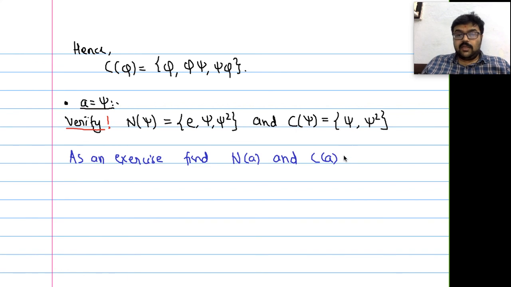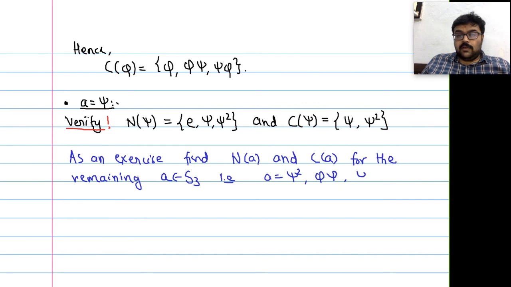So find NA and CA for the remaining A in S3, that is A equals psi square, phi psi, and psi phi. This will give you good practice.